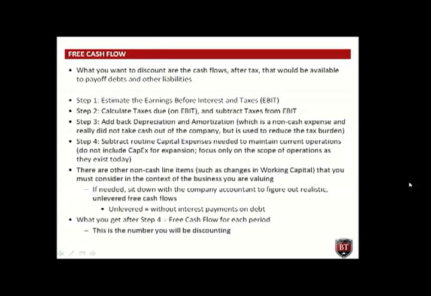Now here we are only talking about routine expenses. We are not talking about capital expenses where the company is planning a new plant or is planning something that is for expansion. Focus only on the capital expenses required to maintain the scope of operations as they exist today.